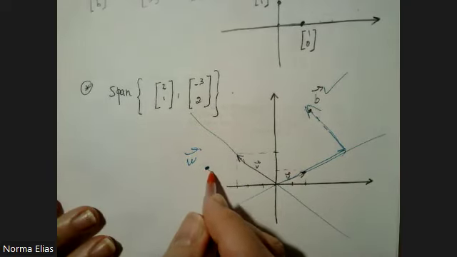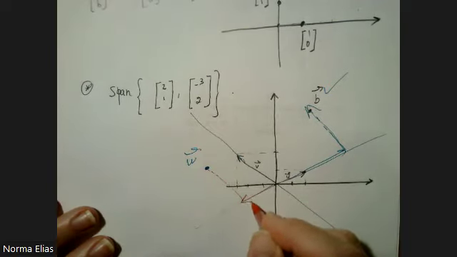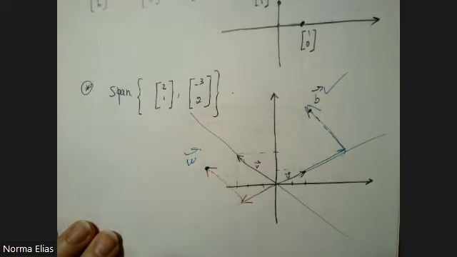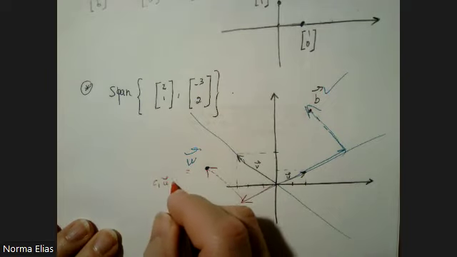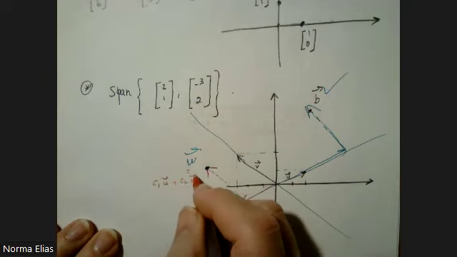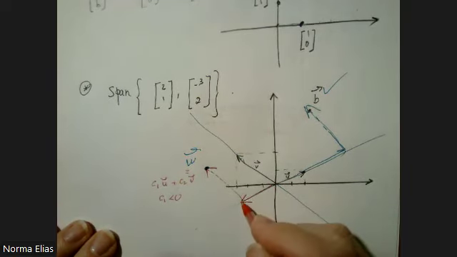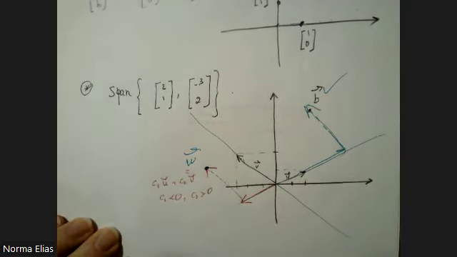From here, I can take the line parallel to V. I move a little bit in the direction of minus U, then in the direction of V. So this could be written as C1U plus C2V. The C1 is negative because you go opposite to U, and the C2 is positive.